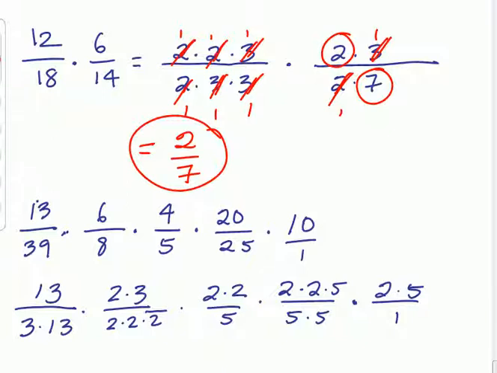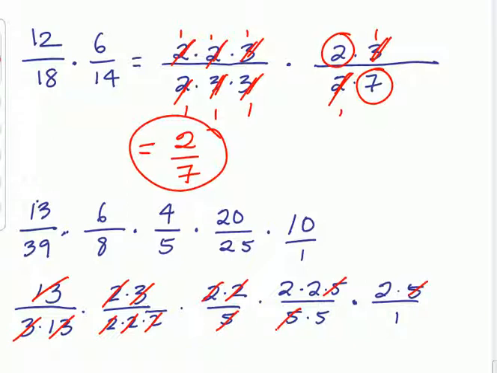So I'm just going to cancel them without writing the 1 each time, but we'll remember that it's there. 13 and a 13, a 2 and a 2, this 2 and this 2, this 2 and this 2. Ooh, here's a 3 and here's a 3, a 5 and a 5, a 5 and a 5.